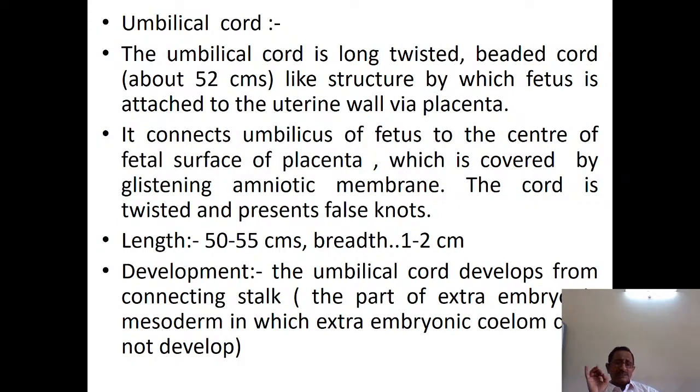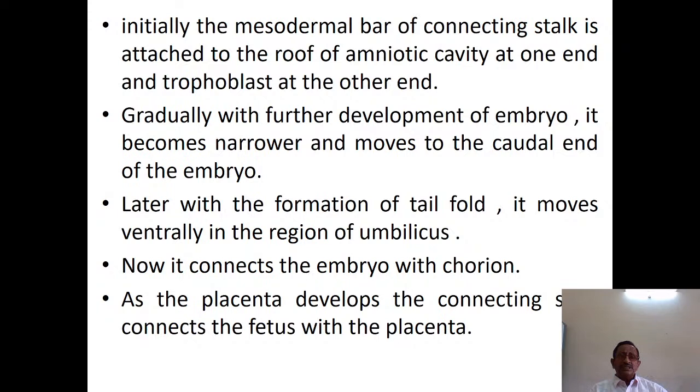Development: the umbilical cord develops from the connecting stalk, the part of the extra-embryonic mesoderm in which the extra-embryonic coelom does not develop. Initially, the mesodermal bar of the connecting stalk is attached to the roof of the amniotic cavity at one end and the trophoblast at the other end.